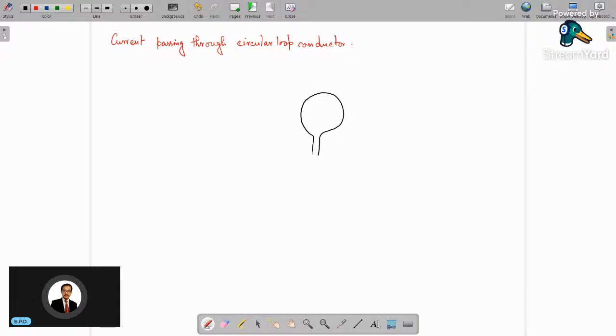ধরে নেওয়া যাক এরকম সার্কুলার লুপটা আছে, okay? Now the current is passing through this like this, so what will happen to this kind of conductor?